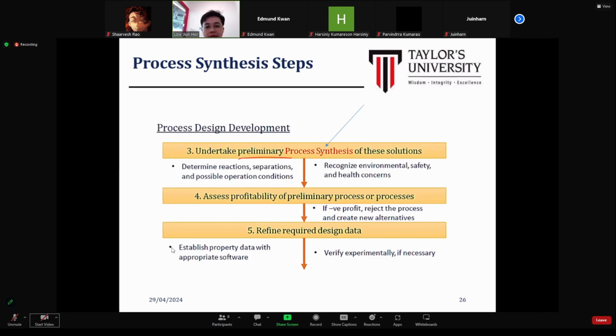Undertake preliminary process synthesis of this solution. Now you have already identified all the possible pathways to produce a product.